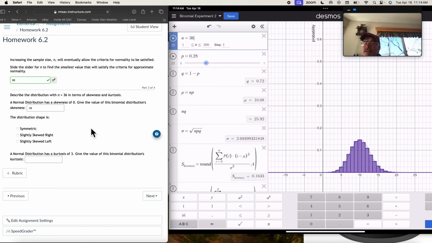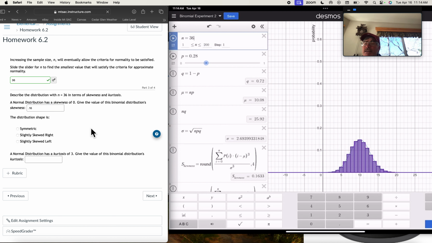Now the normal distribution has a kurtosis of 3. It says give the value of this binomial distribution's kurtosis. The kurtosis is a little further down on this app, and it wants us to round it to 2 places after the decimal. So it's 2.97 here with 2 places. So put that in.